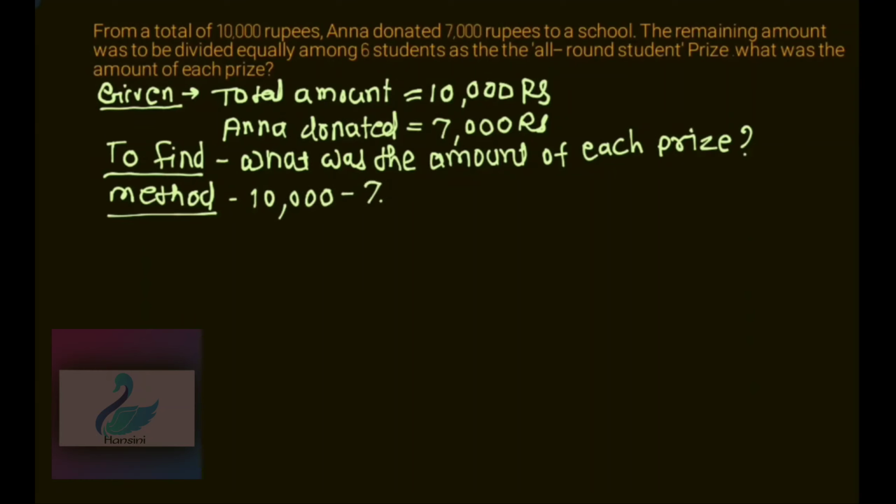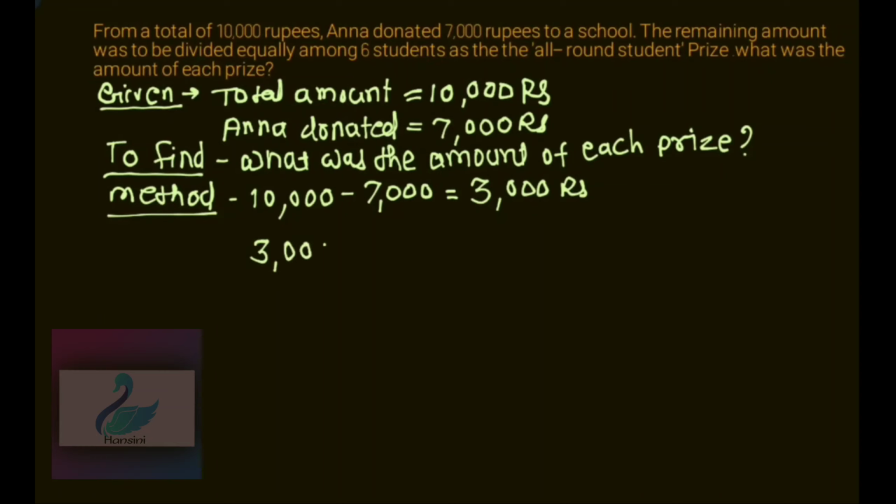Now it is asked that how much is equally divided among 6 students. The word divided itself tells you that you have to perform the function of division. So now I will divide 3000 divided by 6.